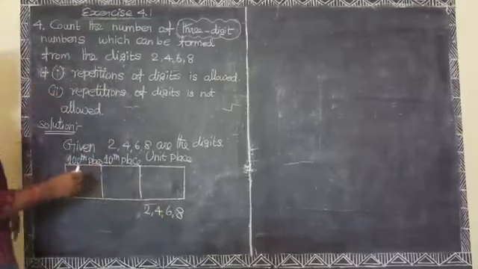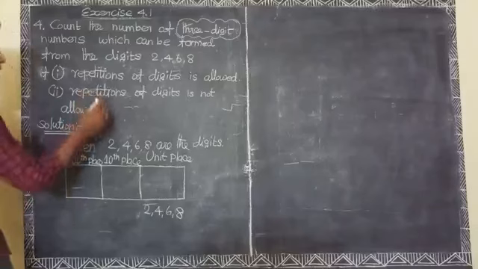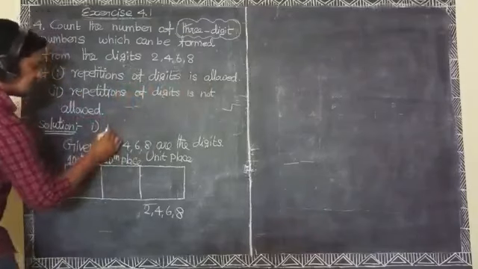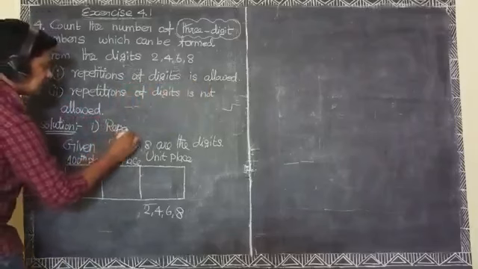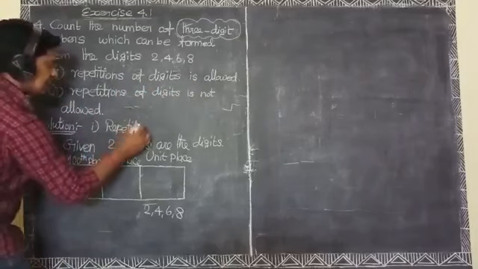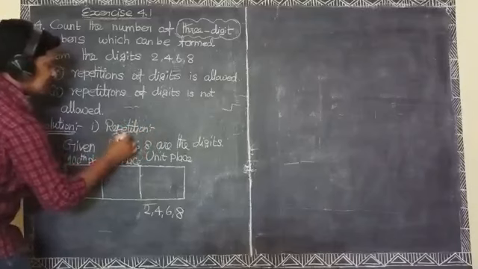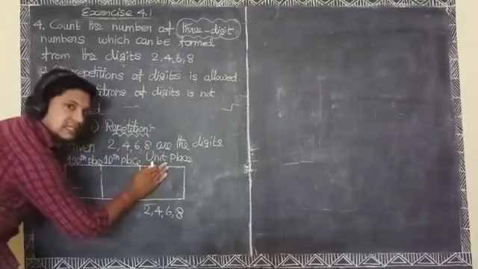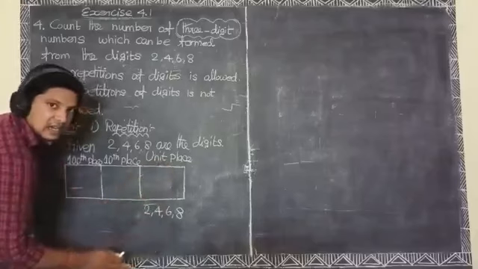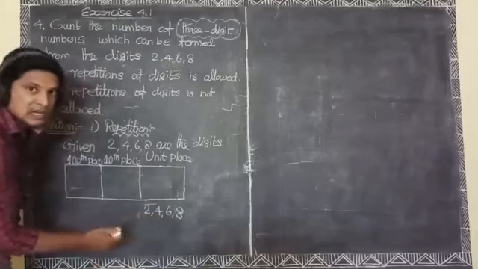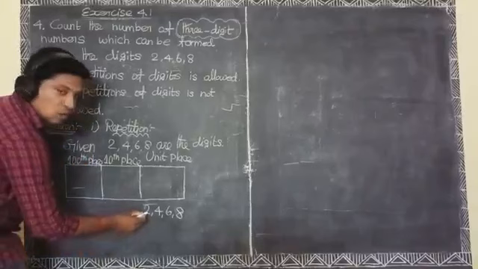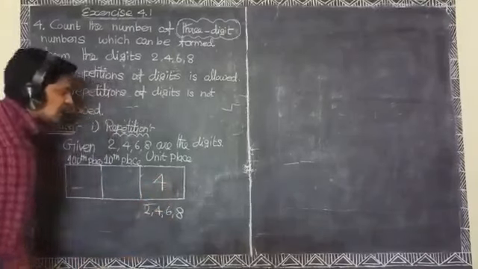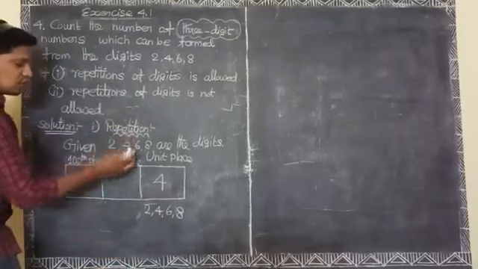The first subdivision is repetition of digits allowed; the second subdivision is without repetition. The unit place can be filled with 4 digits, 2 or 4 or 6 or 8, that is 4 ways.